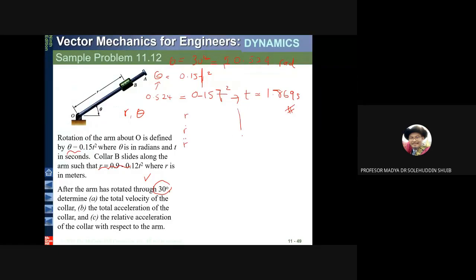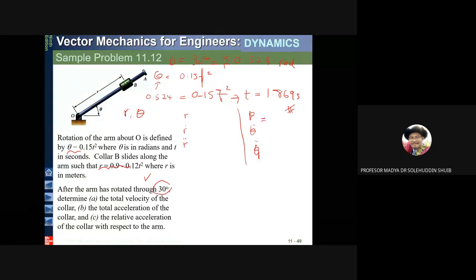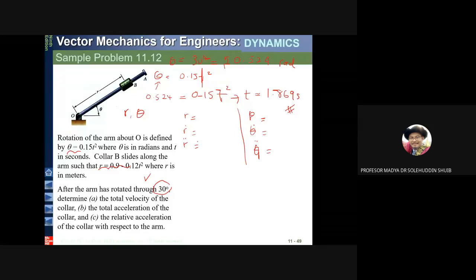Same thing for theta: theta, theta dot, and theta double dot. You write these terms and then you differentiate with respect to time.